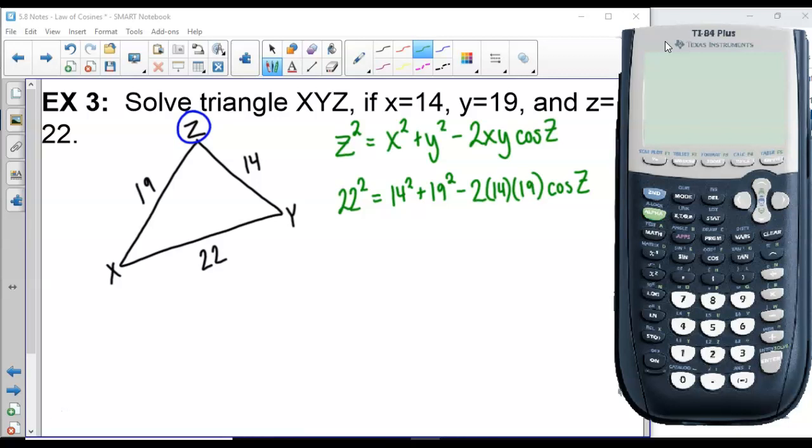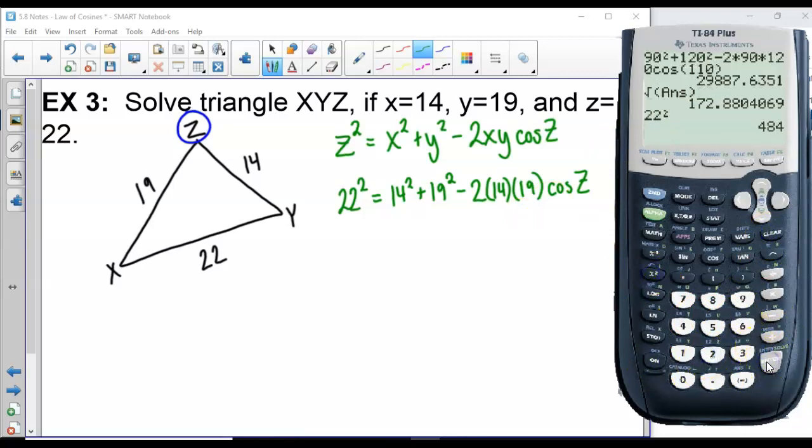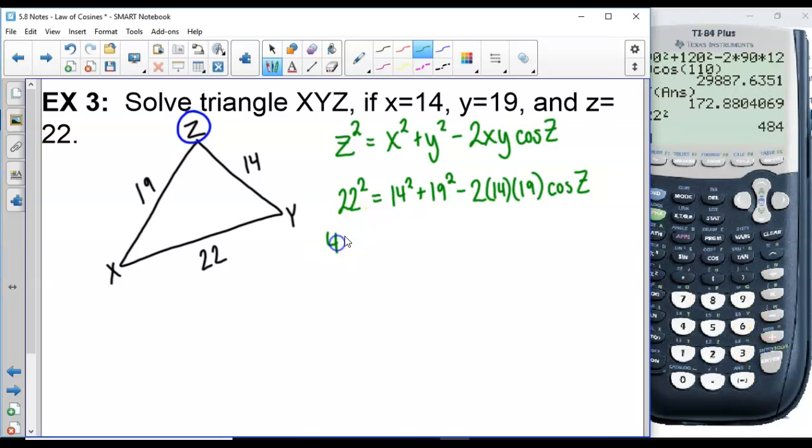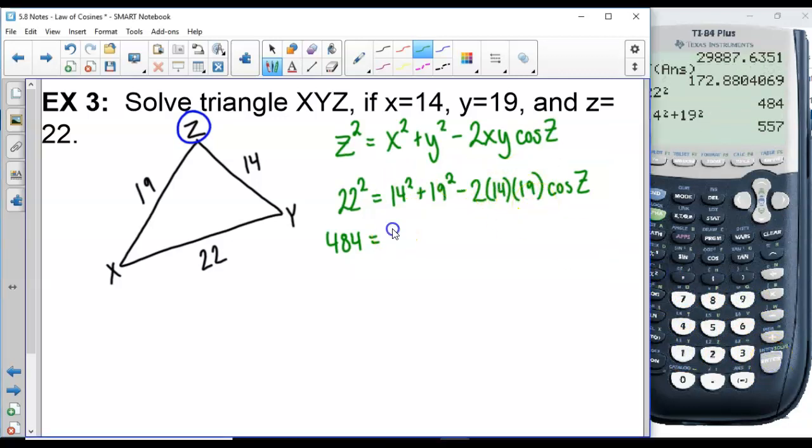And so to solve this, it's going to be a little bit different than what we were doing before. So we'll have 22 squared is going to give us 484 equals, you can go ahead and do 14 squared plus 19 squared, but do not add this stuff in there, because this stuff, 2 times 14 times 19, is multiplied by cosine z.